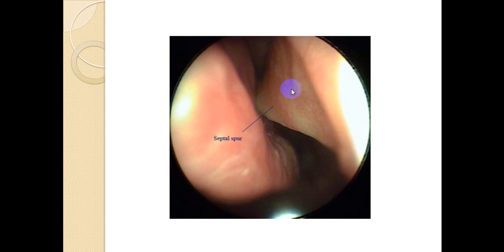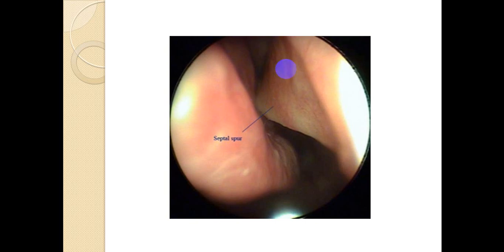You see, septal deviation can cause nasal obstruction, and the touching mucosa, or kissing mucosa, of the septum with that of the lateral nasal wall can cause facial pain and headache, and this is called anterior ethmoidal syndrome or Sluder's neuralgia.